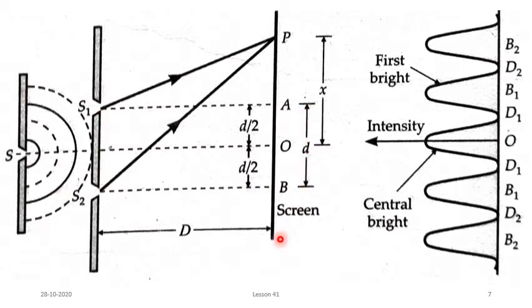Now interference fringes are obtained on the screen and it is at a distance capital D from your source.